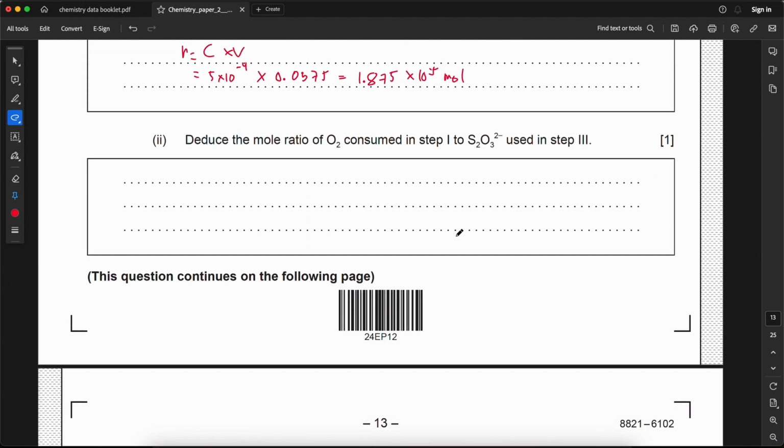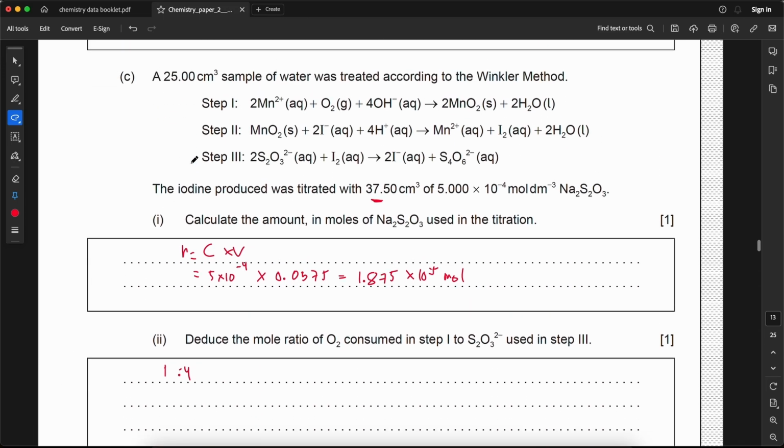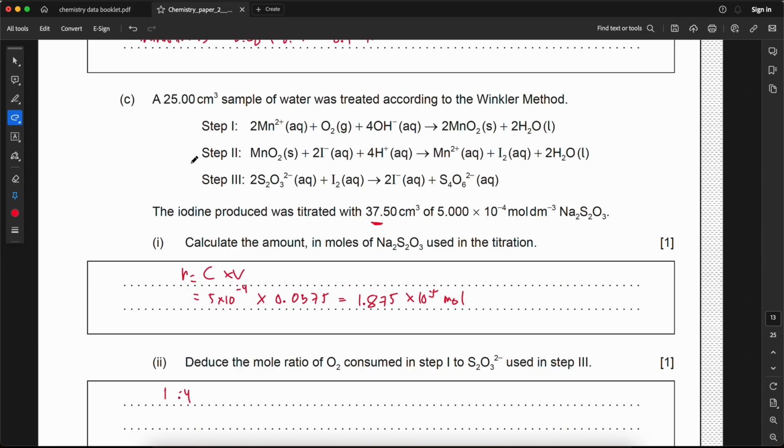Deduce the mole ratio of O2 consumed in step 1 to S2O3 2 minus used in step 3. It's 1:4. How? You can see here from the reaction, oxygen reacts with 2Mn2 plus, producing MnO2.